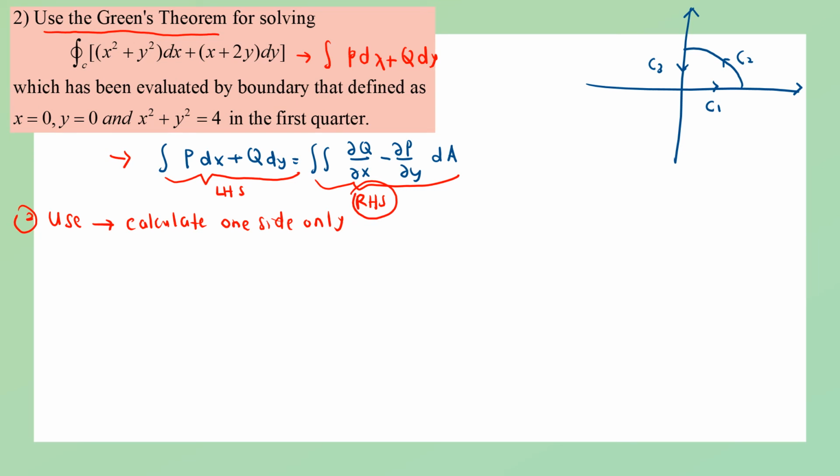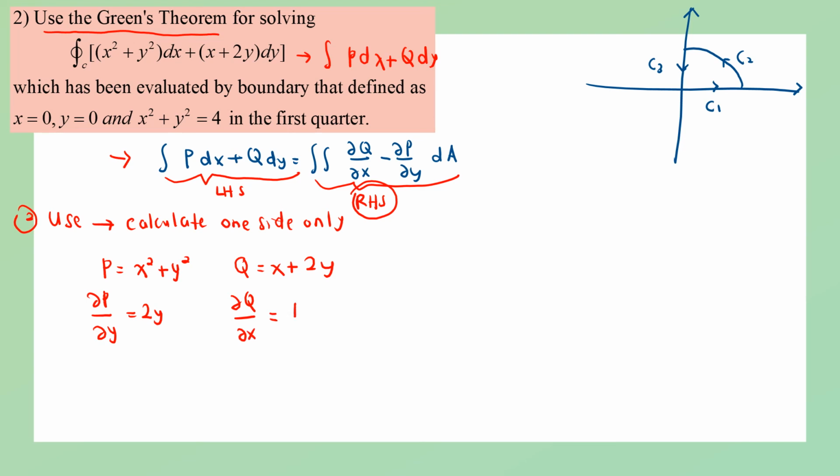So from the question, we know that P is equal to x squared plus y squared, and Q is x plus 2y. Next, you have to find del Q over del x and del P over del y. First, del P over del y, we will get 2y, and del Q over del x, you will get 1.